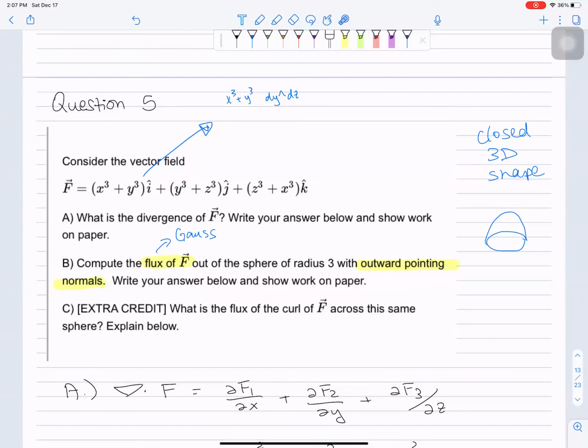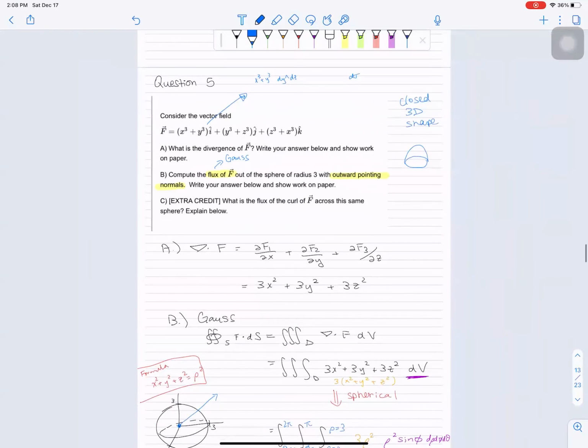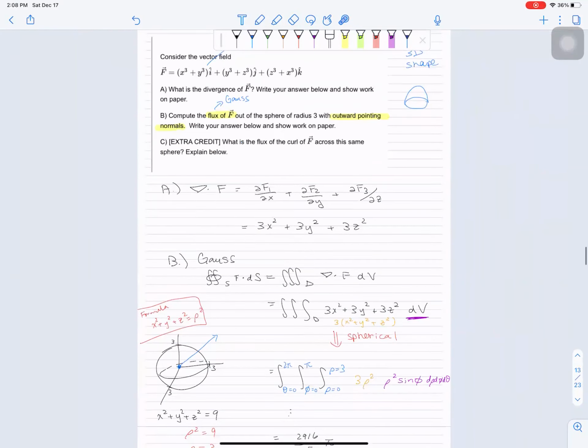You have to parameterize your sphere, and then you might need a d sigma, a surface area integral. In this case, because they give it to you in the vector form, I would recommend this is the quickest way to do it.